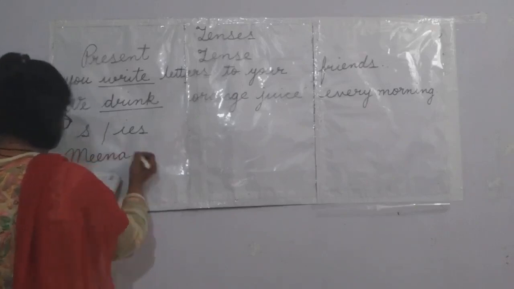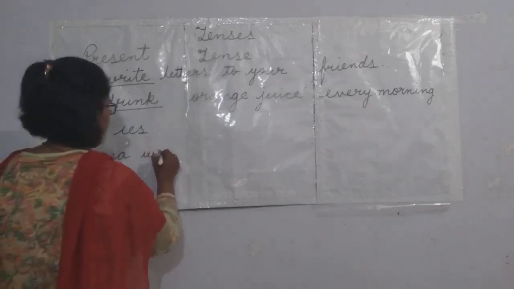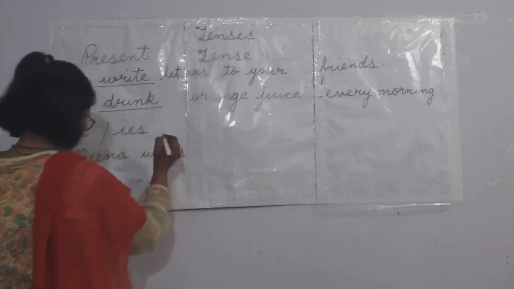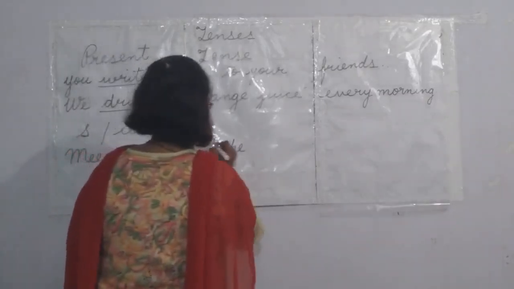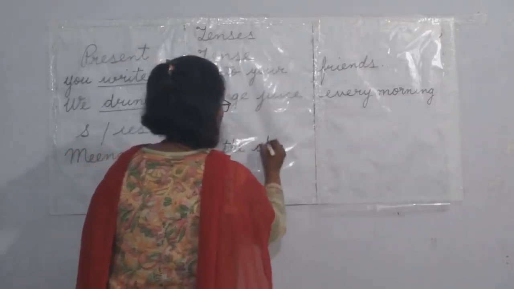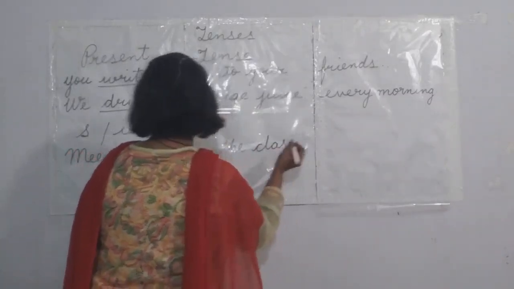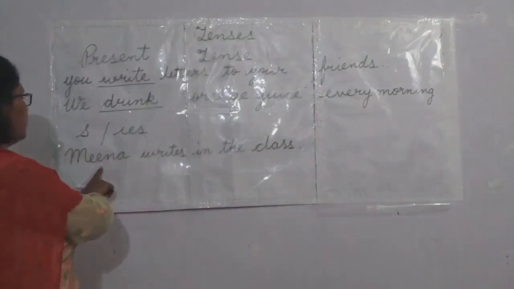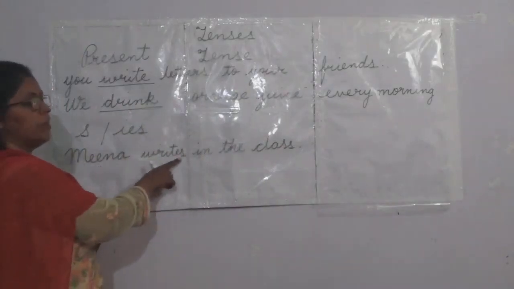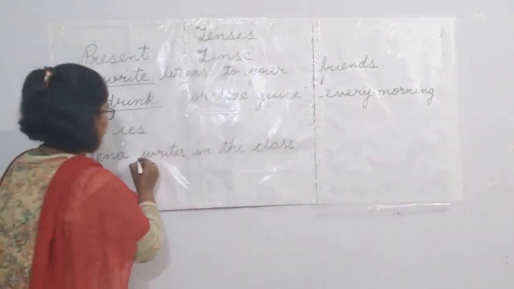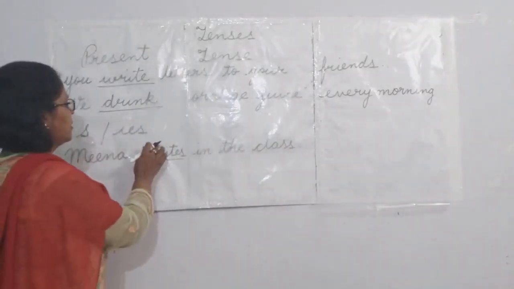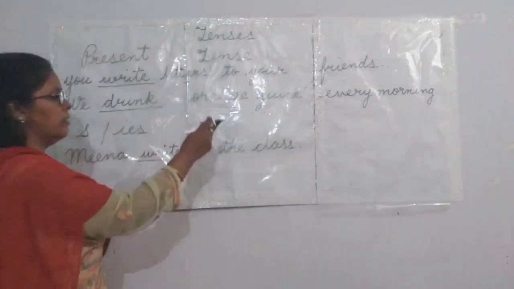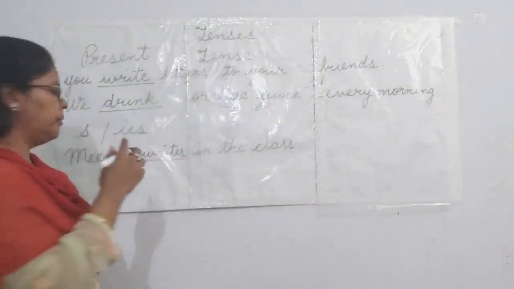Meena writes in the class. So for Meena, write has become writes. S is put here. Writes, in the class. Next one.